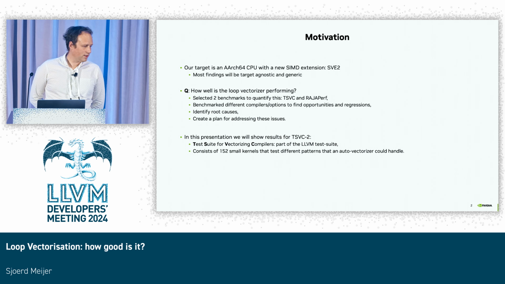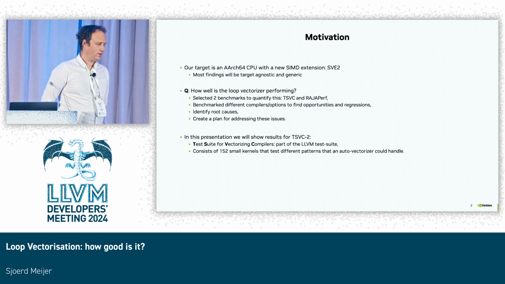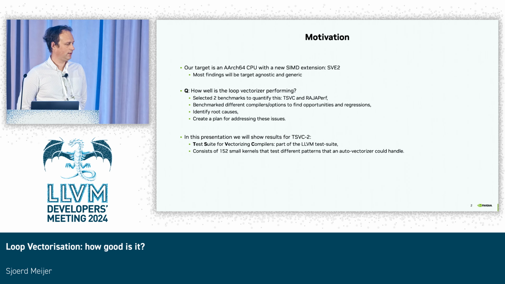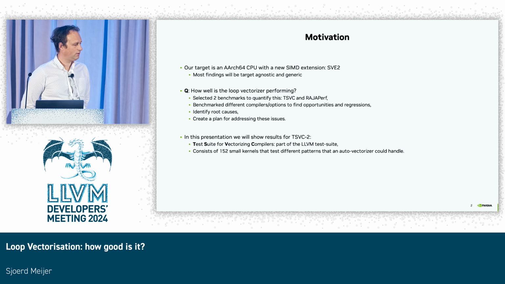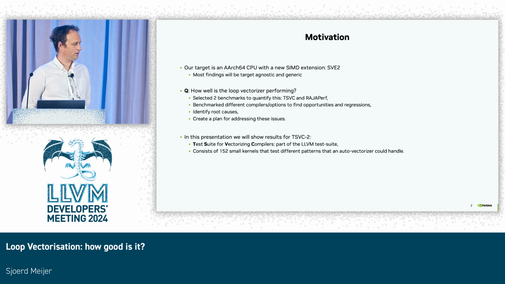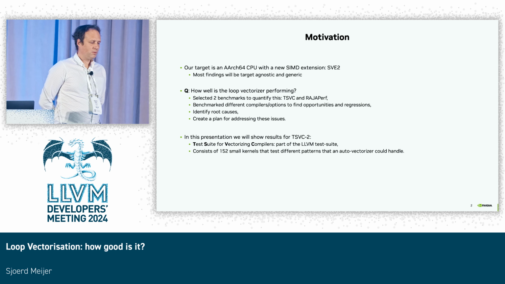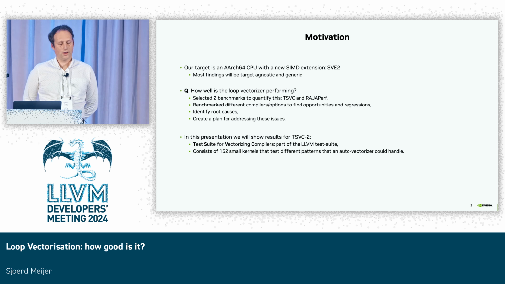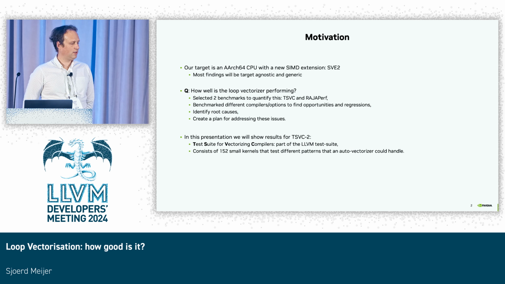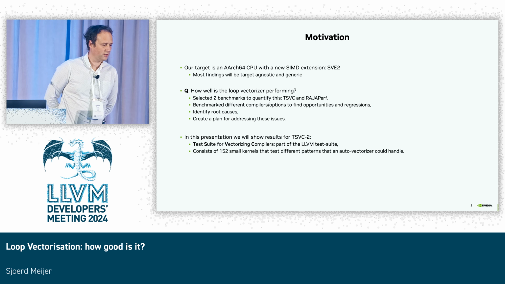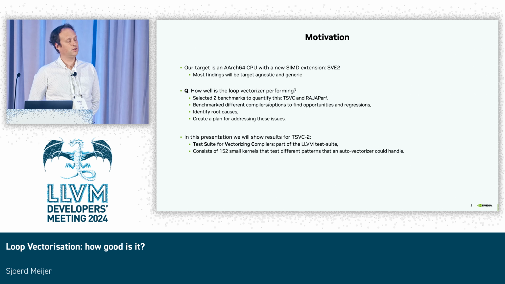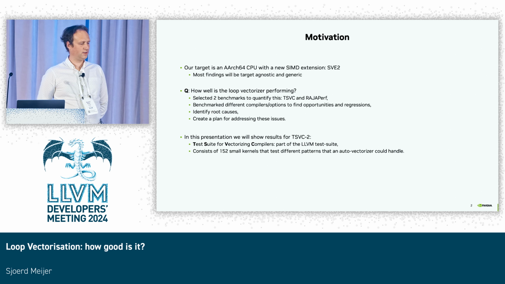Now, to answer that question, we took two benchmarks and tried to quantify this and come up with an answer. We took TSVC-2 and RAJAPerf. And what we did is we benchmarked these two benchmarks with different compilers and different options, like different optimization levels, so O3, O-fast, and disabling vectorizers.